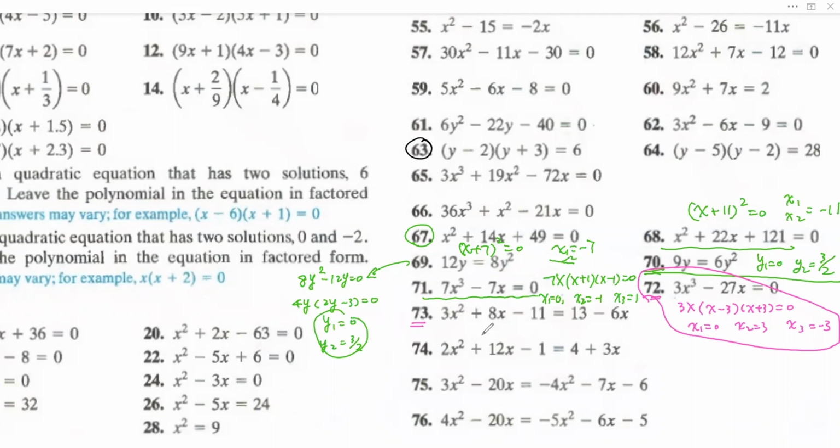73. So we simplify them first, plus 14x, right, and minus 24 equals 0. All right, we go to big numbers one more time. So A times C is negative 72.